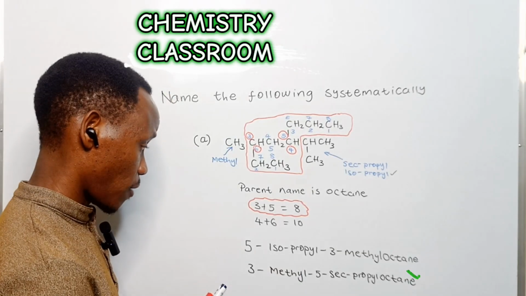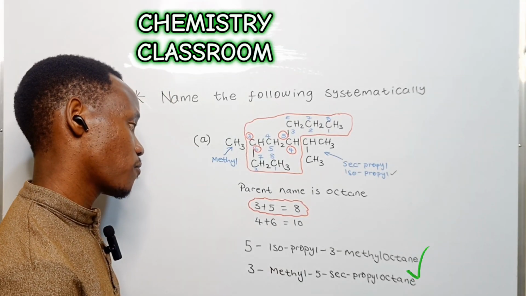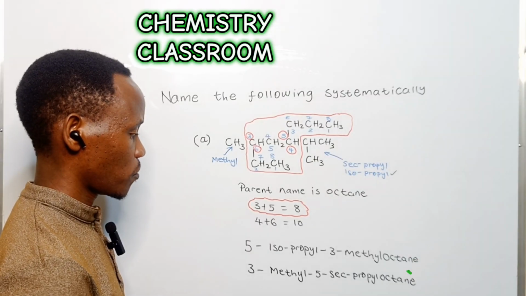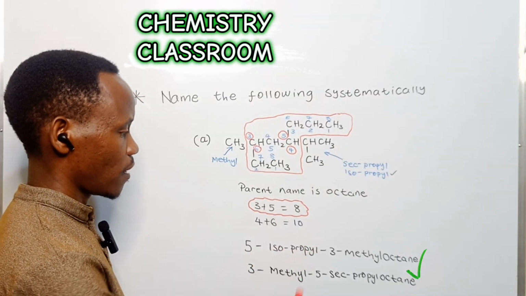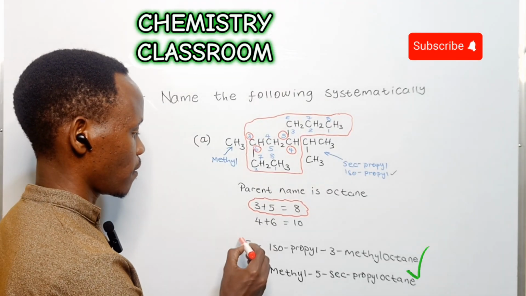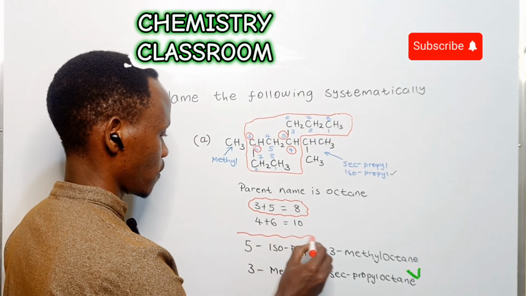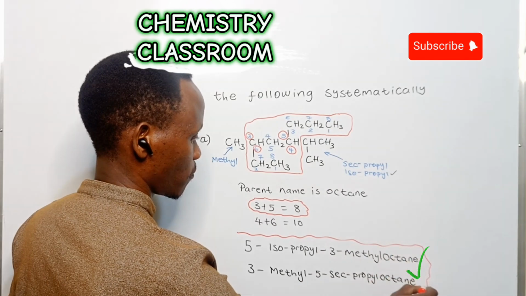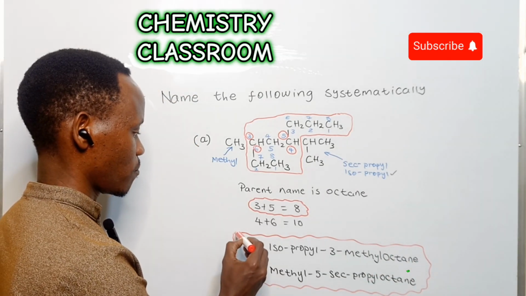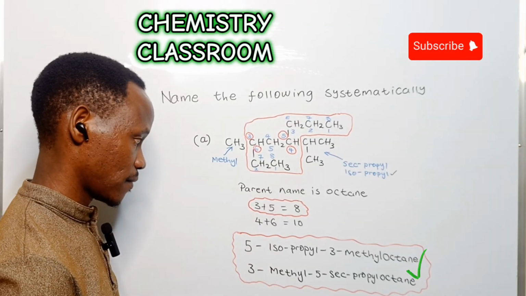Both names are correct since they have fully satisfied the above guidelines, and also they have been written in alphabetical arrangement of the different alkyl substituents. So if I just encircle them in red, the name of our compound is as simple as that.